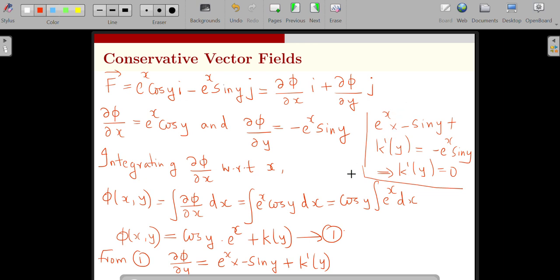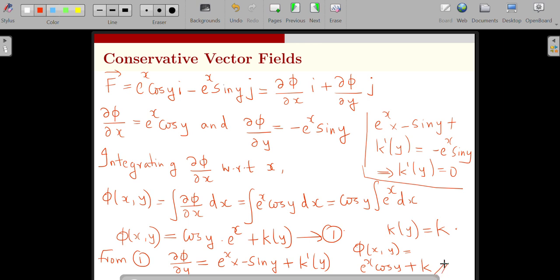K dash of y equal to 0 means that k of y will be a constant, say some constant k. So now what we obtain is that equation 1 becomes phi of xy is equal to e raised to x cos y plus some constant k.